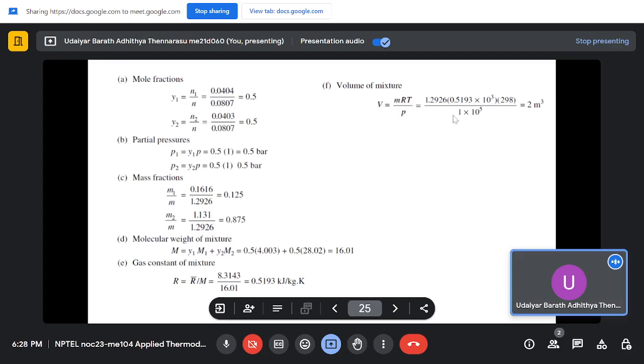So the total mass we calculated, into R we calculated, into T, divided by pressure. So this also comes out to be 2 meter cube. This is similar to V1 plus V2. Both were 1 meter cube, so if you add, you will get 2 meter cube. Both the values are the same.